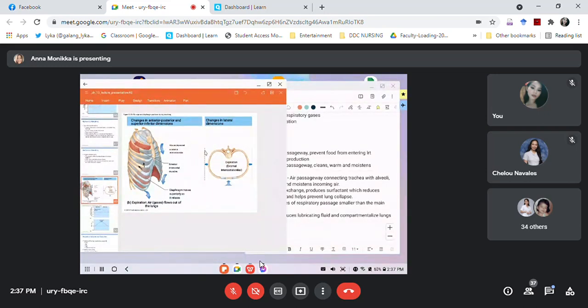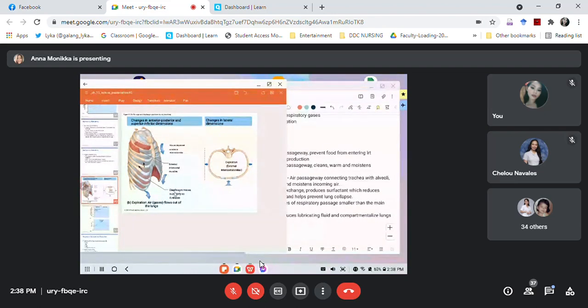Thoracic cavity volume decreases. Third, elastic lung recoil passively. Intrapulmonary volume decreases. Number 4, intrapulmonary pressure rises. Number 5, the gases flow out of the lungs down the pressure gradient until intrapulmonary pressure is zero.